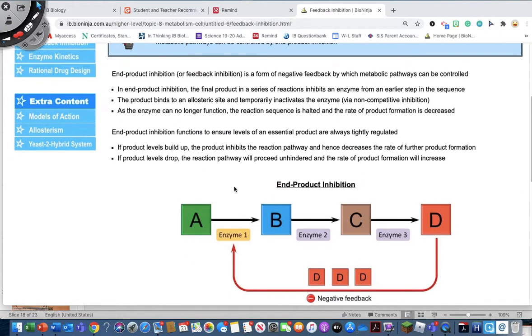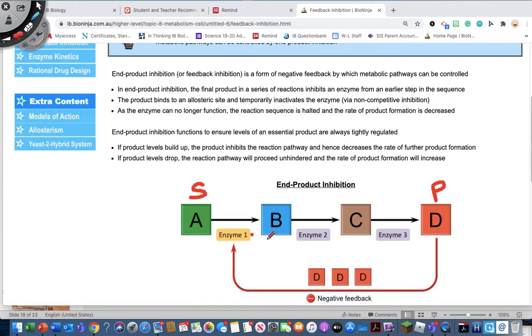Here we see a sequence of intermediates, B and C. Here you have the initial substrate and here you have the initial product. Notice that the product itself is the one inducing a negative feedback because it's going to inhibit an enzyme at this particular step.